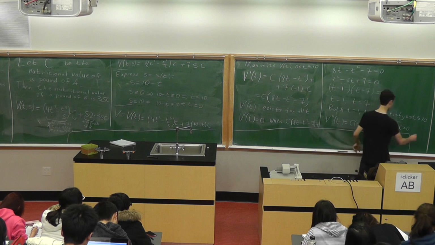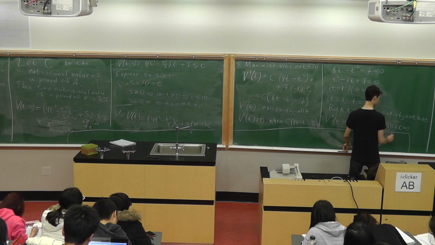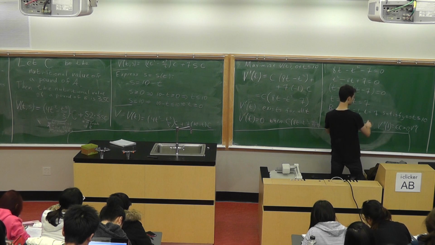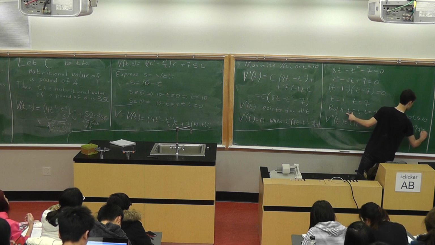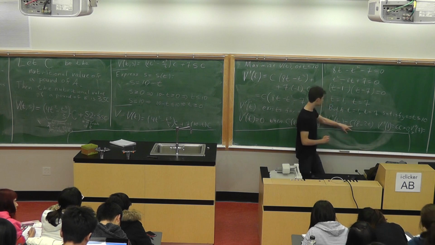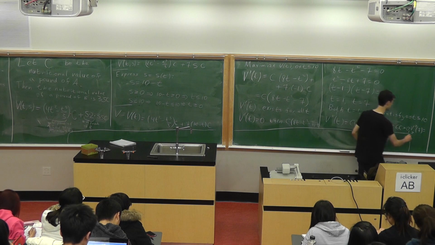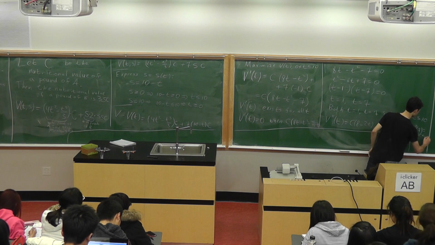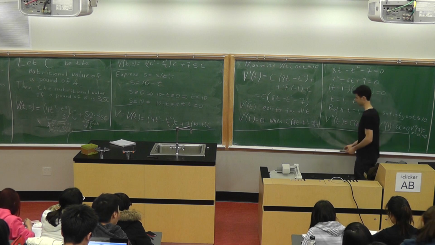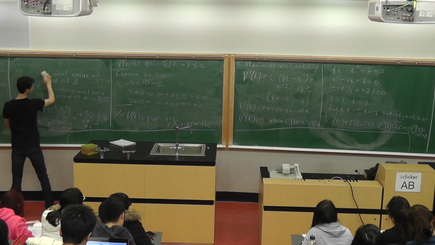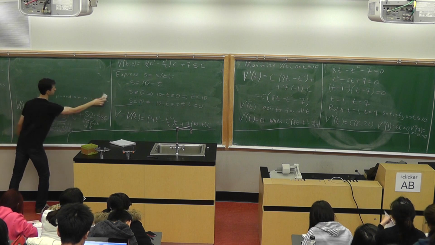And at the point 7, the second derivative is c times 8 minus 14, so it's minus 6c. It's negative. So what does it tell about the points 1 and 7?